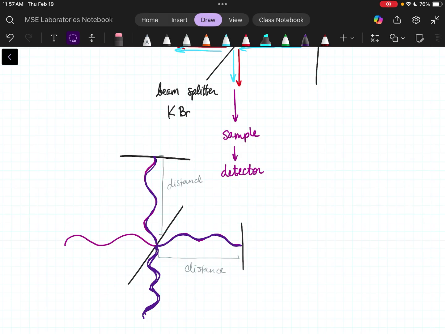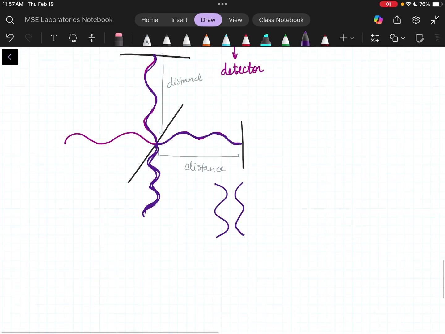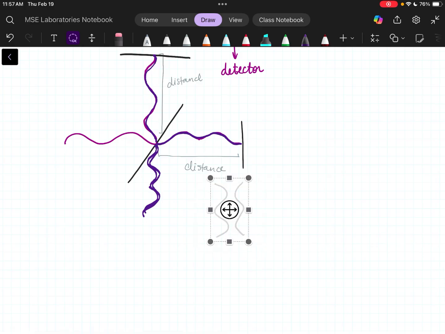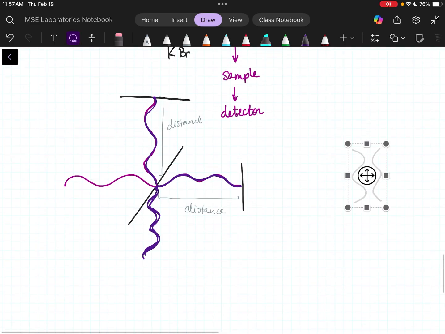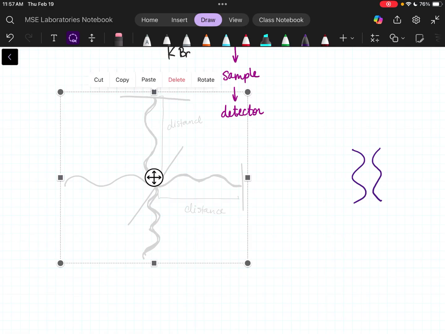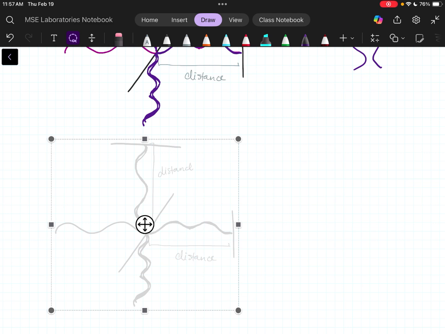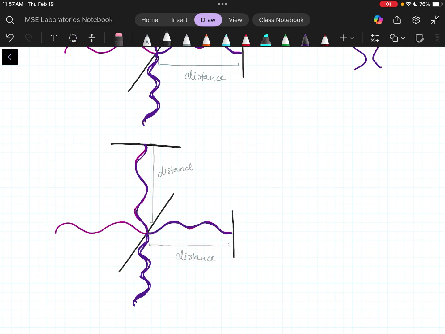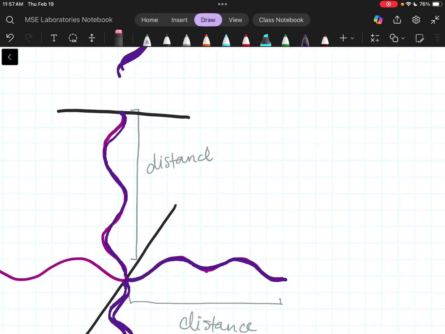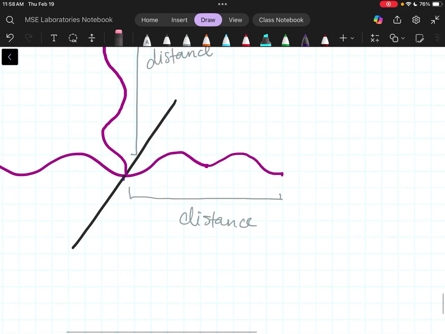Now let's say I extend the distance on just one of these mirrors. I make this one a little bit longer. Are these two waves going to come back and be exactly in sync with each other? No. They might actually come out of sync to the point where they cancel one another out. So I'm going to redraw this just a little bit.